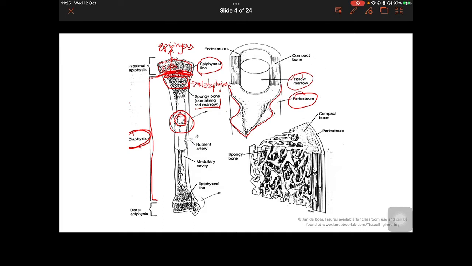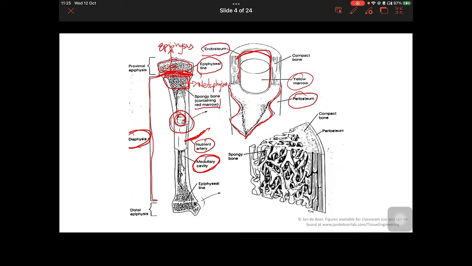The periosteum is where you can see entrance locations of nutrient arteries and blood vessels. There's the cavity of the diaphysis called the medullary cavity, and as I said, the external covering of the bone is called the periosteum, and the internal cover of the hollow channels is called the endosteum, right?